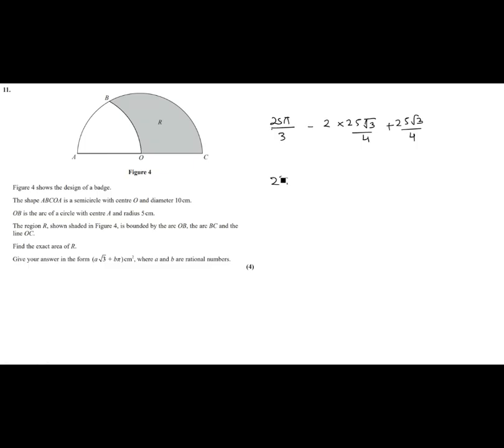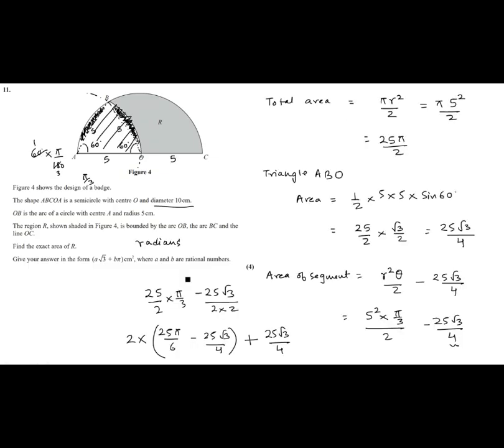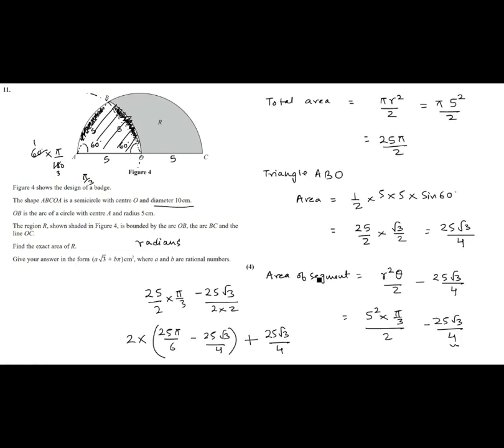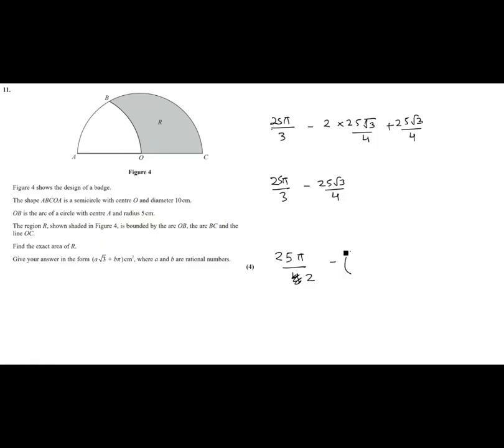So this becomes 25 pi over 3 minus, you can treat this as minus 2a plus a will be minus a, so minus 25 root 3 over 4 will be the area of this non-shaded region. Now we subtract this from the area of the semicircle, 25 pi over 2, minus this one here, 25 pi over 3 minus 25 root 3 over 4. Okay, I hope we are doing it correctly.